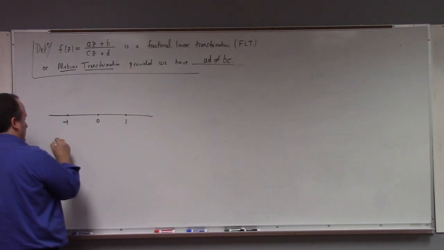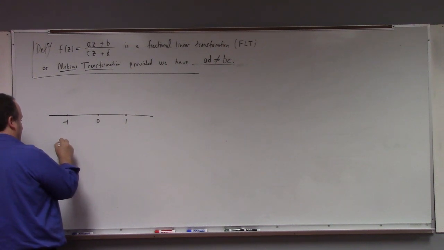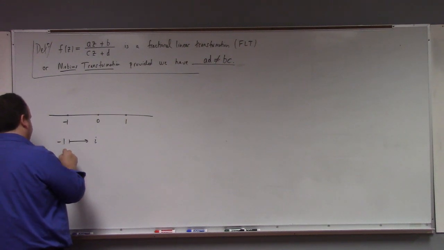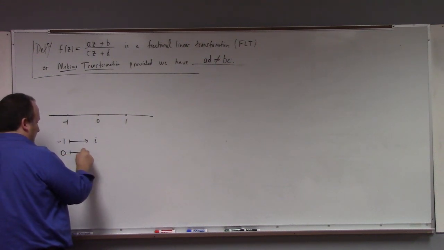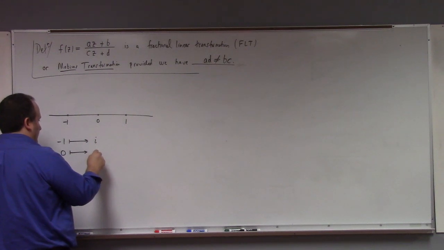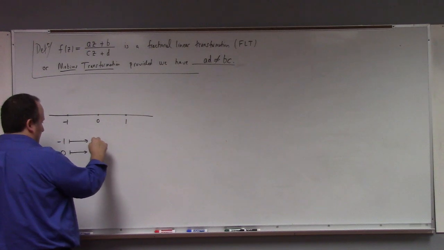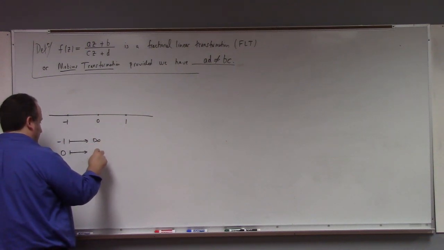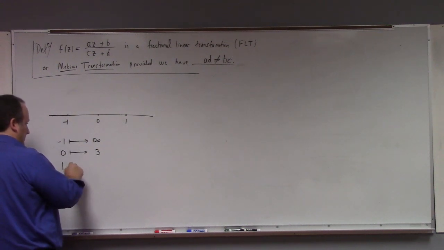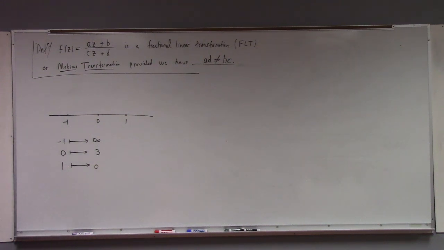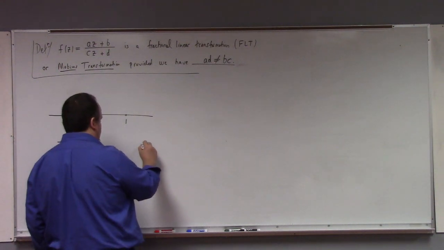And I want to send, let's say, -1 to infinity, 0 to 3, and 1 to 0. Right? Can we find a fractional linear transformation that does that? Can we write it down?